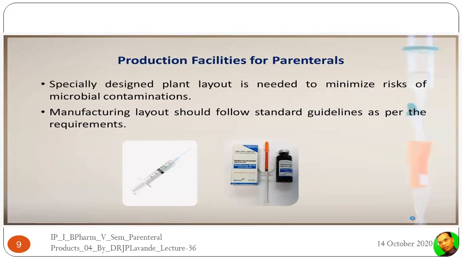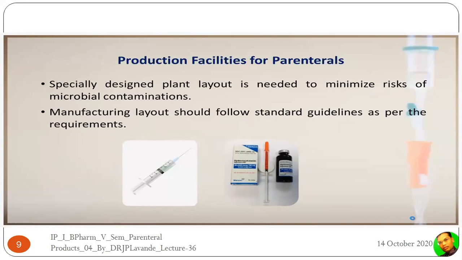As far as the production facilities for parenterals are concerned, we require some stringent controlled facilities and a specially designed plant layout. Why is this needed? This is needed in order to minimize the risk of microbial contamination, because the prime and utmost important thing in a parenteral product is that it should be sterile, completely free from microorganisms.